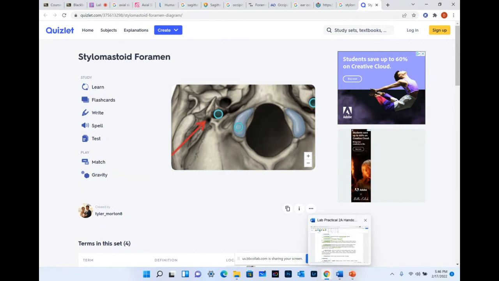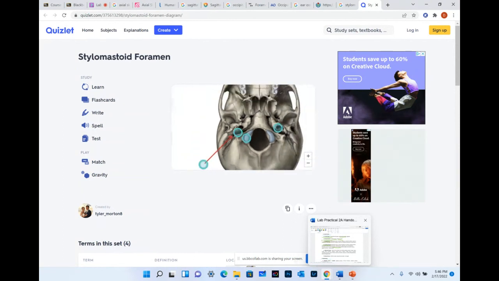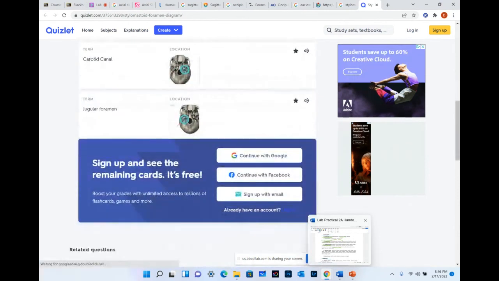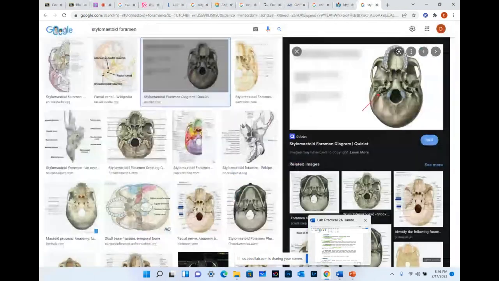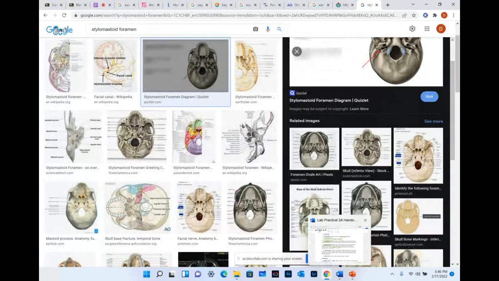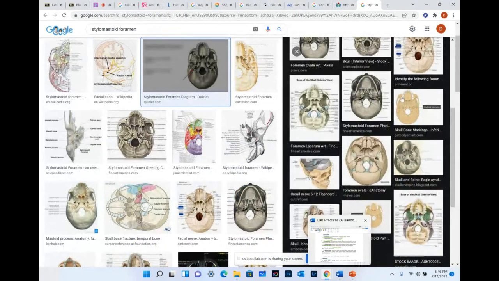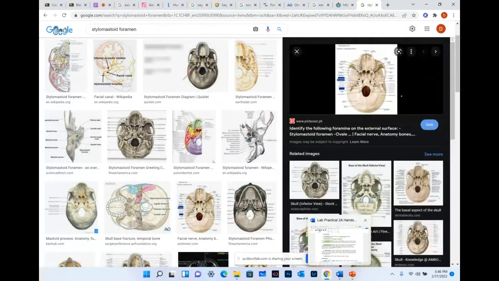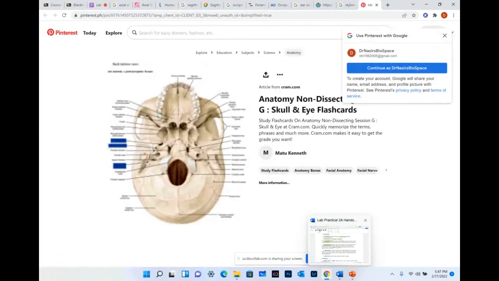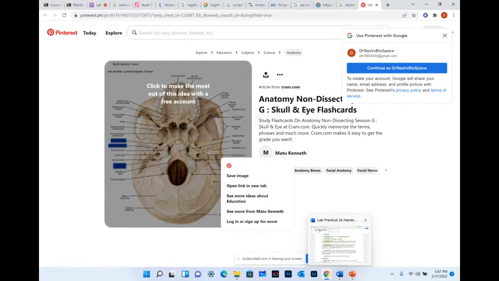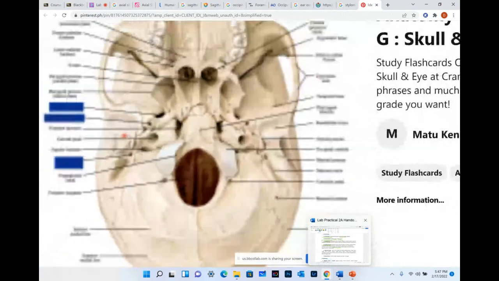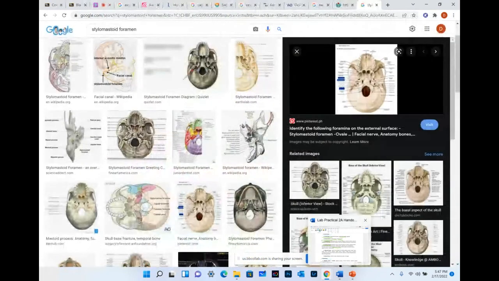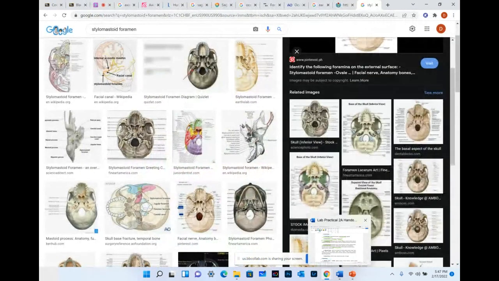This is stylomastoid foramen. So you can see right here, maybe not very clear.